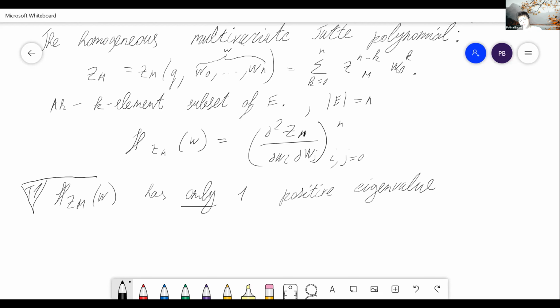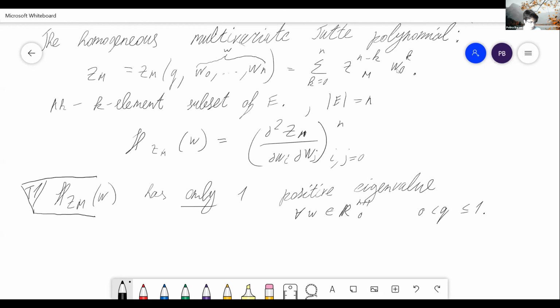Well, of course, we technically should say that it has only one positive eigenvalue for any W we can throw at it, and for some Q bounded from 0 to 1, because an eigenvalue of a Hessian without defining the point doesn't make much sense to talk about.